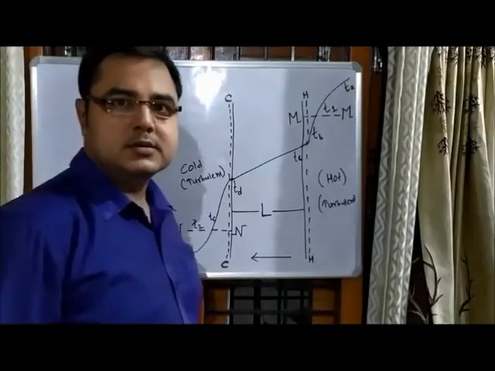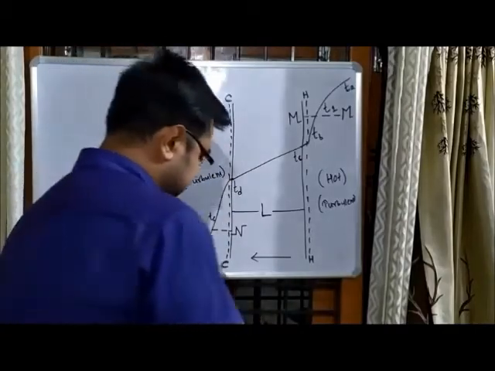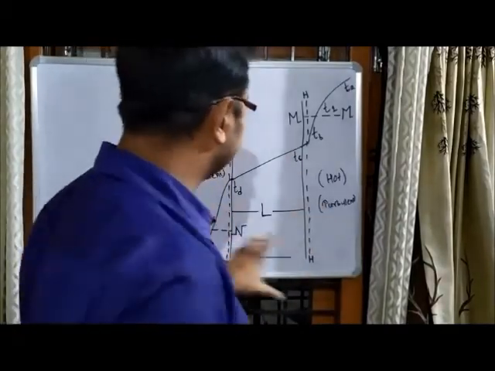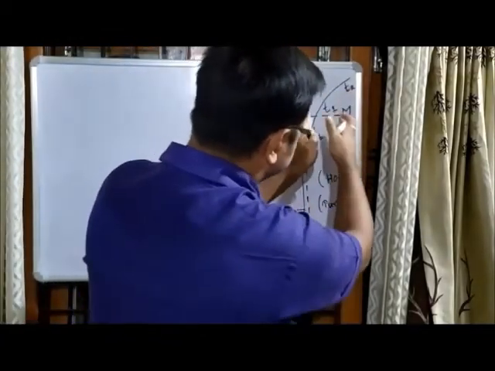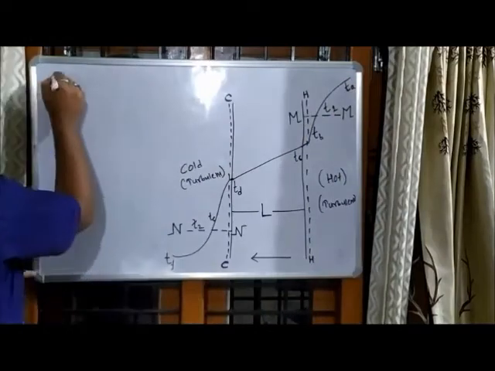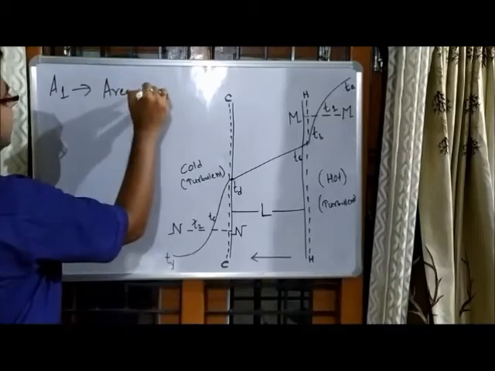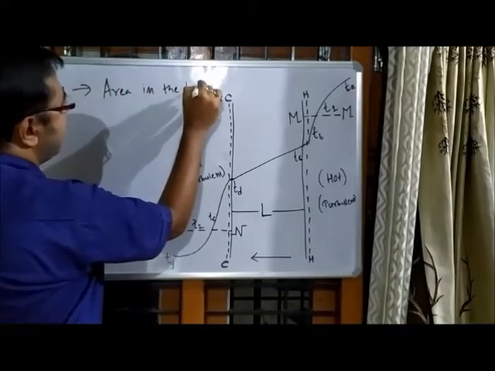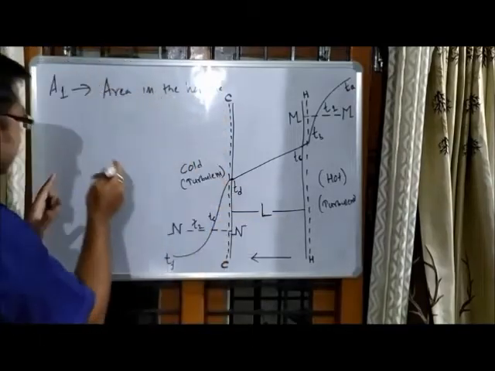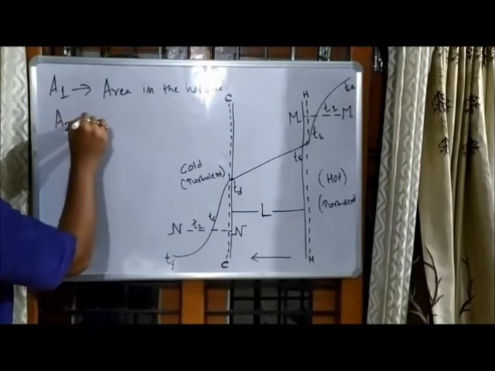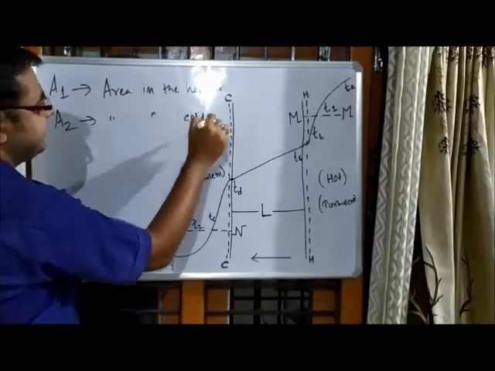Let's now discuss a few more things that need to be used in this derivation. First of all, we will assume the area in the hotter side as A1. Now the area in the cold side will be regarded as A2.